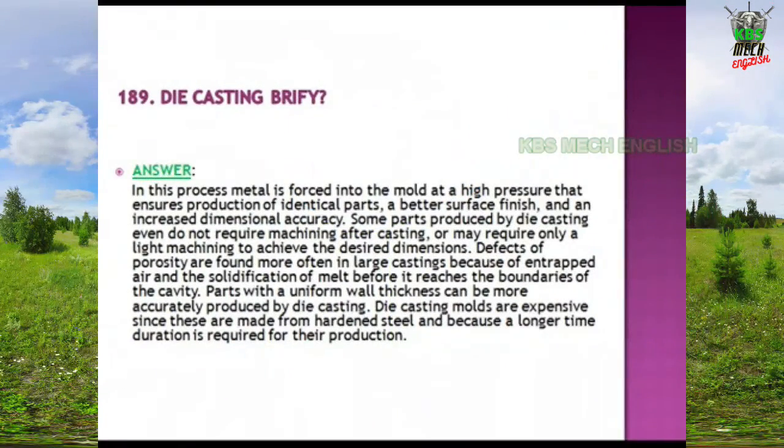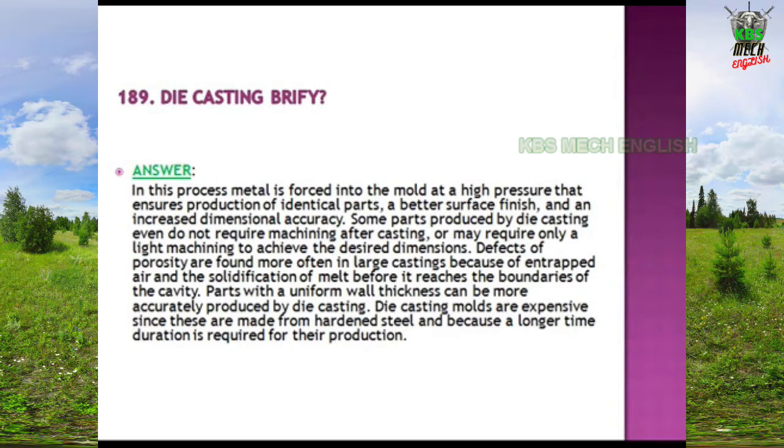Question number 189. Die casting briefly. Answer. In this process, metal is forced into the mold at a high pressure that ensures production of identical parts, a better surface finish, and an increased dimensional accuracy. Some parts produced by die casting do not require machining after casting, or may require only a light machining to achieve the desired dimensions.